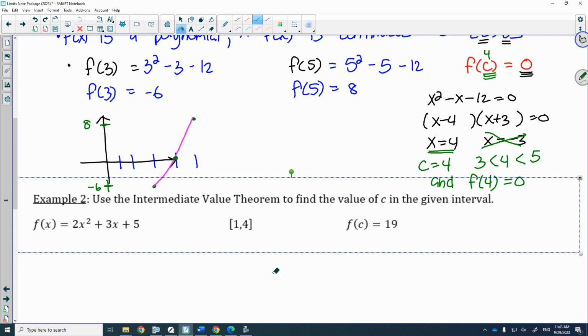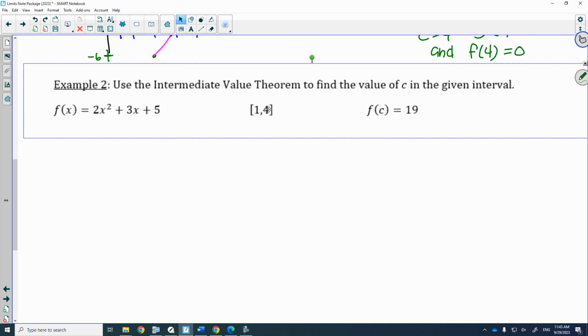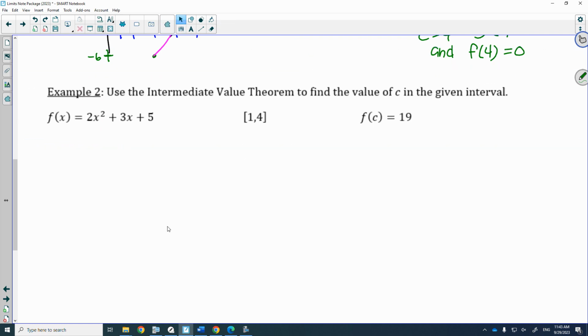Use the intermediate value theorem to find the value of c within this given interval. So first of all, is this function continuous? Yes, it's a polynomial. So we're going to state that f of x is a polynomial. We'll only be doing these for polynomials.